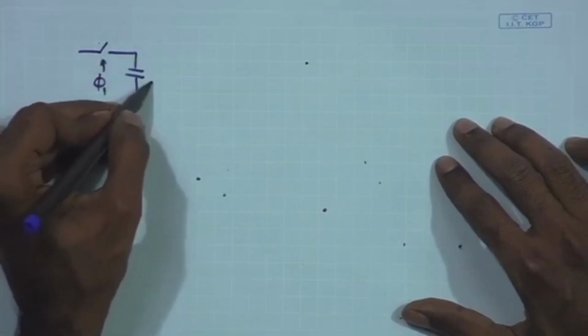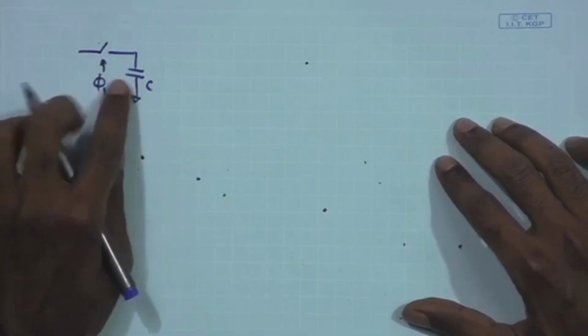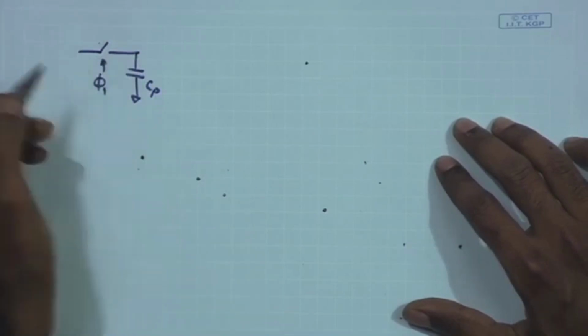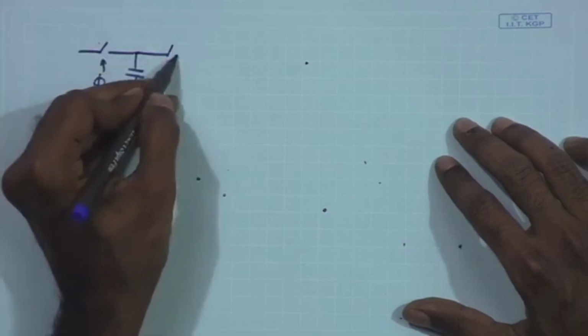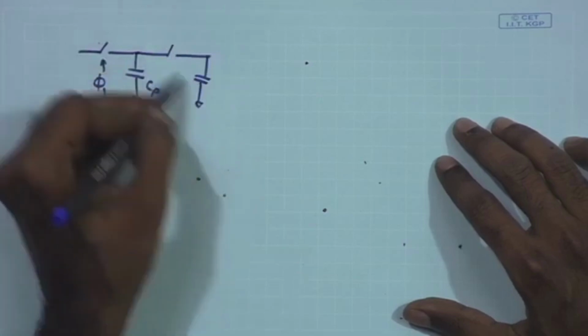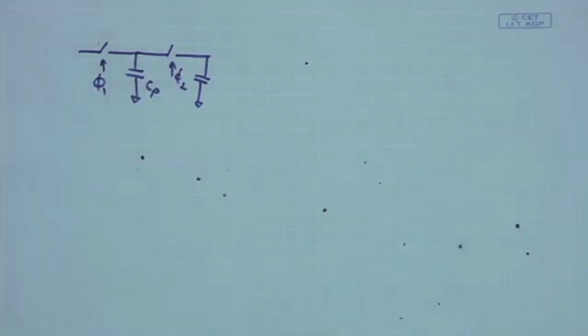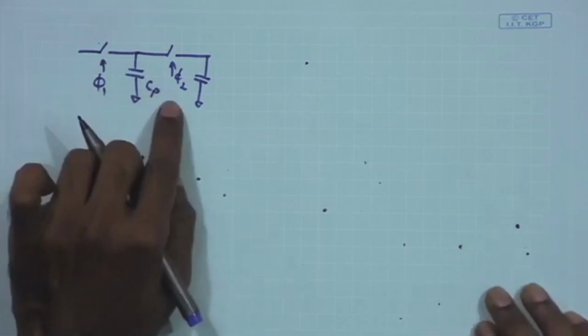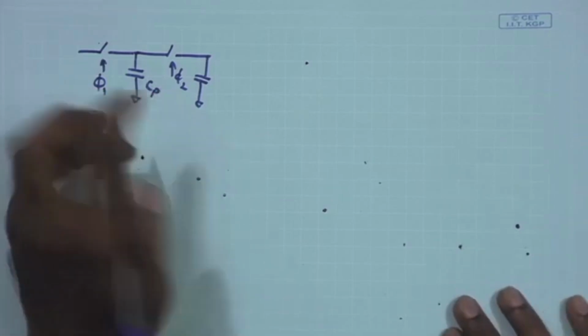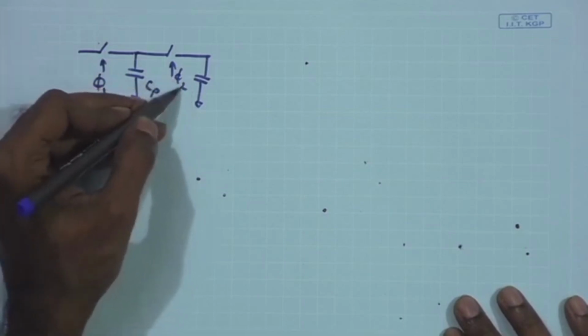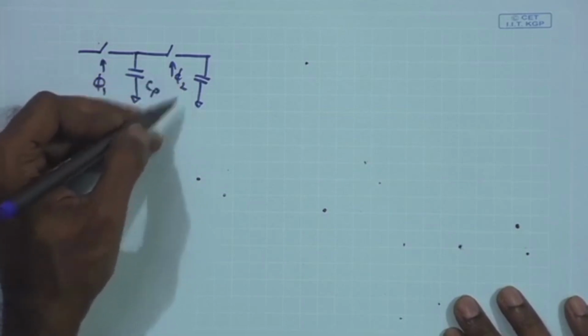You may not even need a dedicated capacitance, this may be just a parasitic capacitance coming from the MOSFETs, and you can have a second latch which is driven by phi 2. Phi 1 and phi 2 can be just the opposite phases of the clock. So, if you want a positive edge triggered flip flop, I can keep phi 2 as the positive pulse of the clock, or the level 1 of the clock.